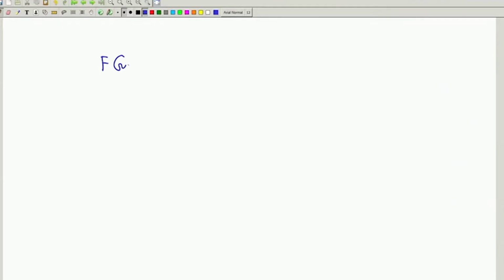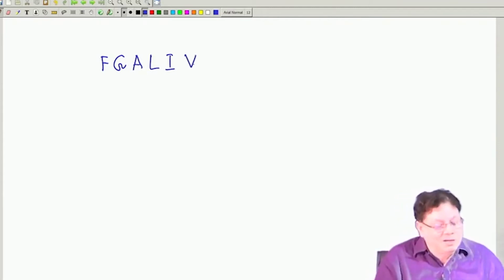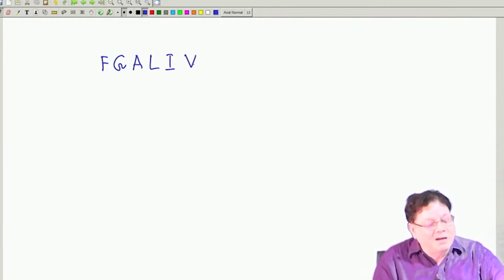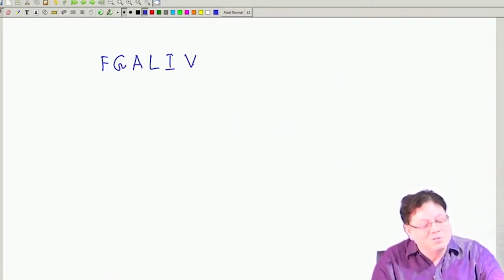Now, the question is that when I have a peptide, an unknown peptide, how do I know which amino acid is linked to what? Okay. So, let us again take a peptide, the similar one, I do not know what I wrote there, but FGAL, suppose I V. From now on we will try to write it in only letters: phenylalanine, glycine, alanine, leucine, isoleucine, valine.